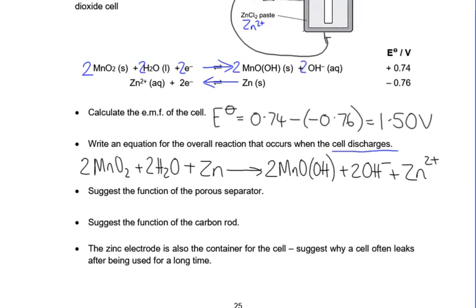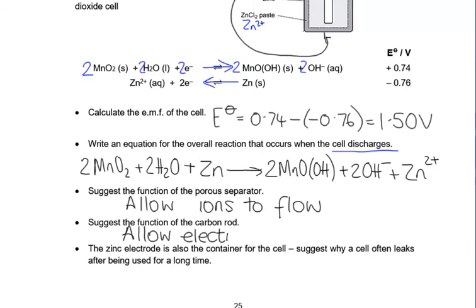Well, the porous separator is the equivalent of the salt bridge. It's going to allow ions to flow from the zinc half cell to the manganese half cell. And the function of the carbon rod is it's an electrode, so it's going to allow electrons to flow into our circuit.